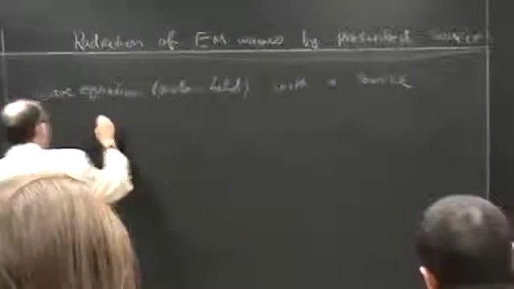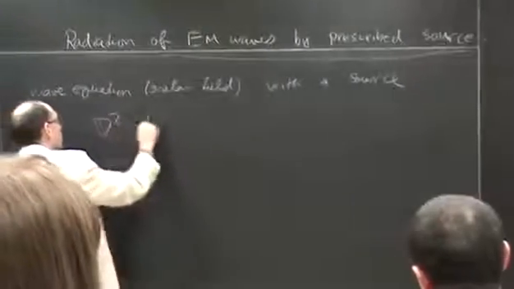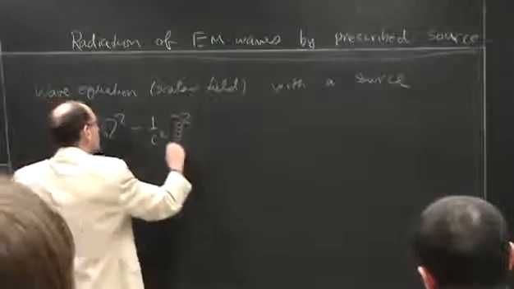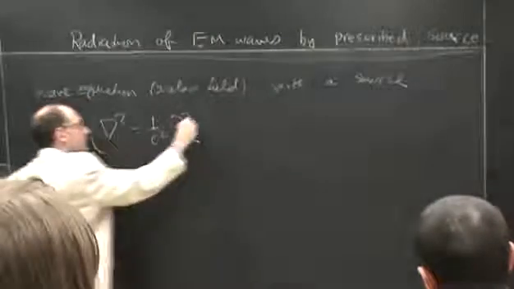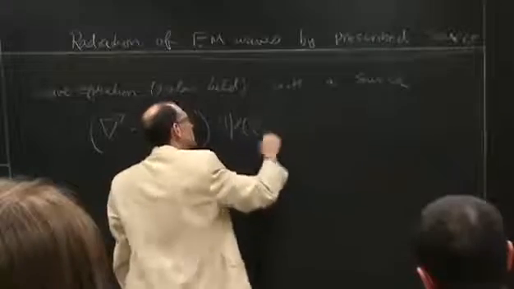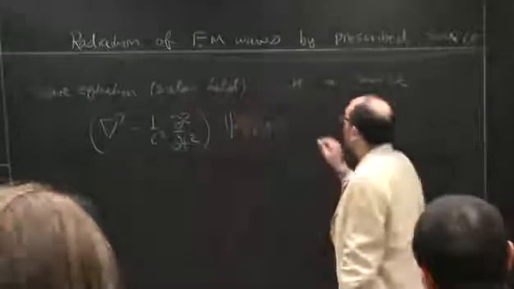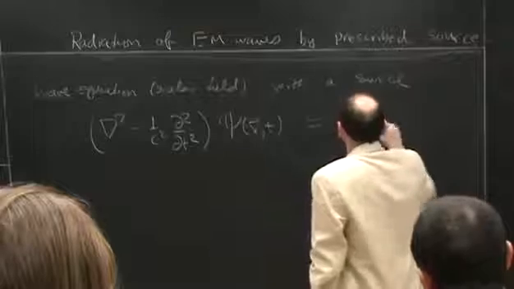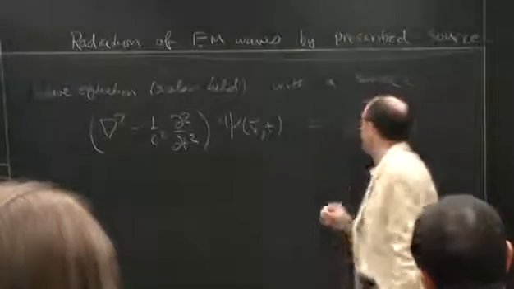So we have the wave equation with some wave propagation speed c, be the speed of light, equals now some source.